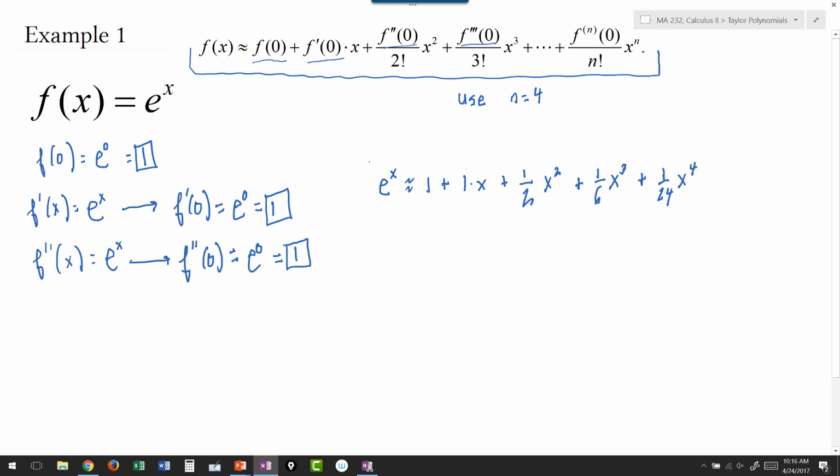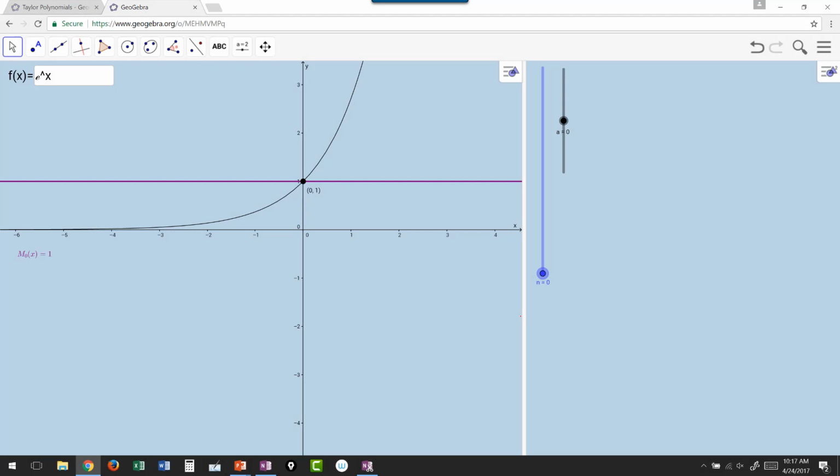And the claim is that this 4th degree polynomial, this quartic, is the best possible 4th degree polynomial approximation to e to the x. So back on our applet for visualizing Taylor polynomials, I've typed in the function e to the x, which looks a little weird up here, but that's the function that's graphed in black.